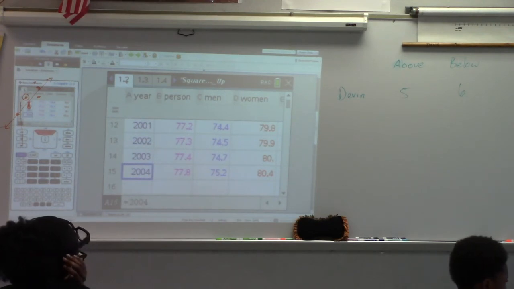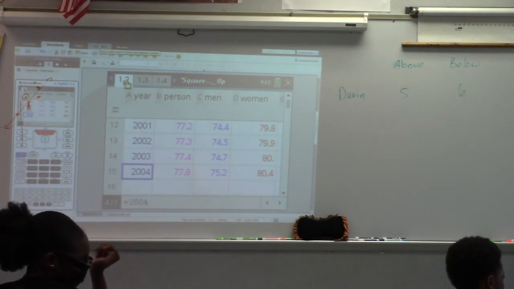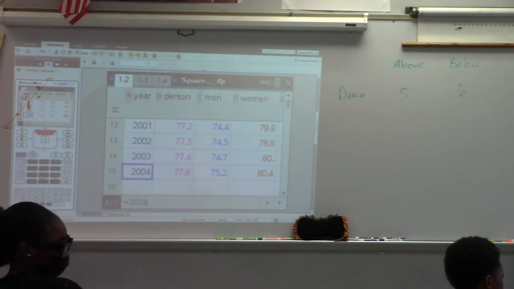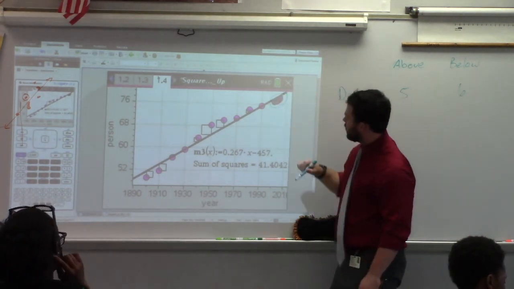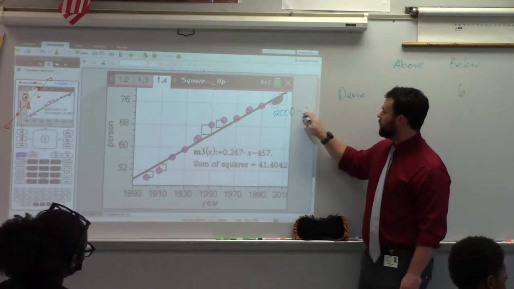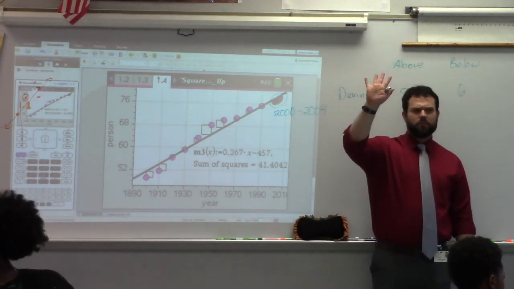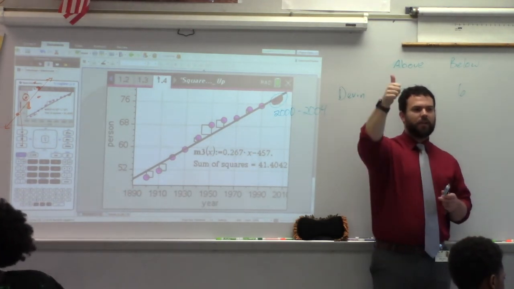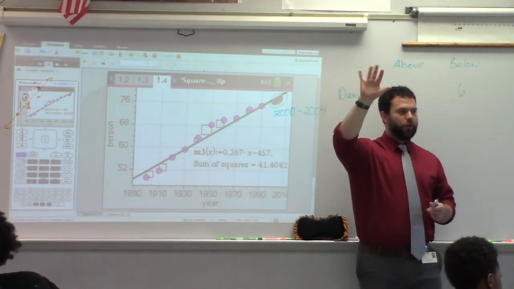How many did Devin identify? 11. Okay, look. Part of the reason why we're missing it, does anybody know how many data points are right here? Remember, that's 2000 to 2004. So that's how many? 2000, 2001, 2002, 2003, 2004.